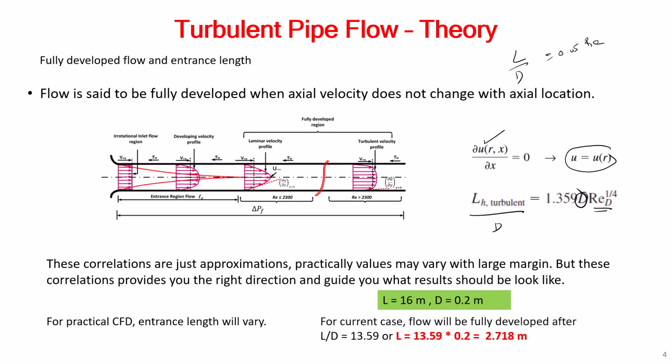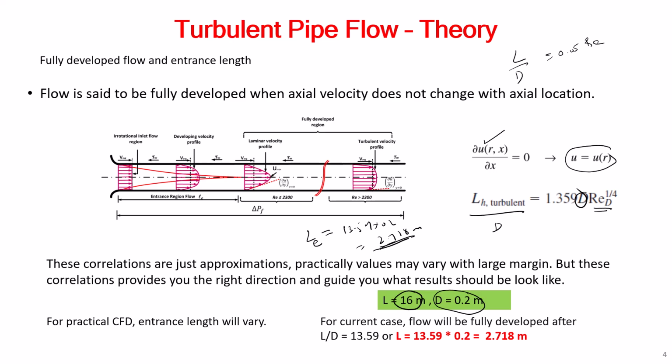The diameter in our case is 0.2 meters, so the entrance length is 13.59 times 0.2, which becomes 2.718 meters. So out of 16 meters, 2.718 meters are the entrance region portion.